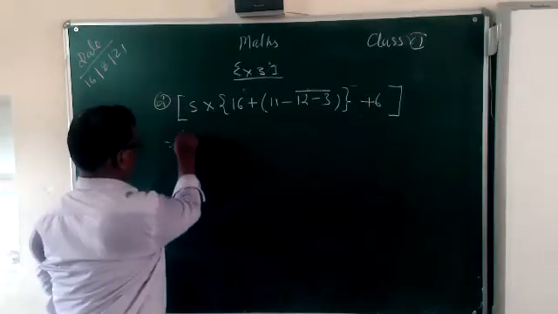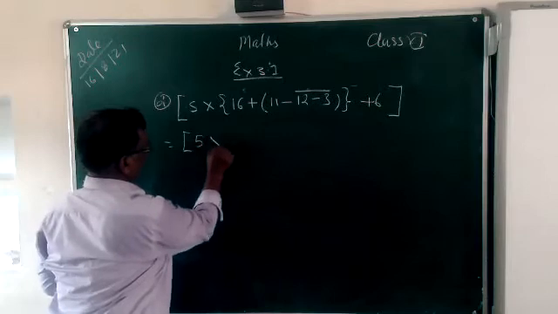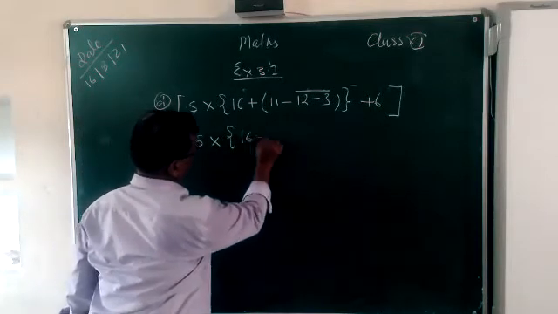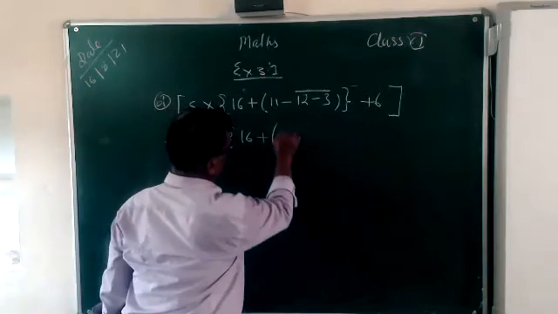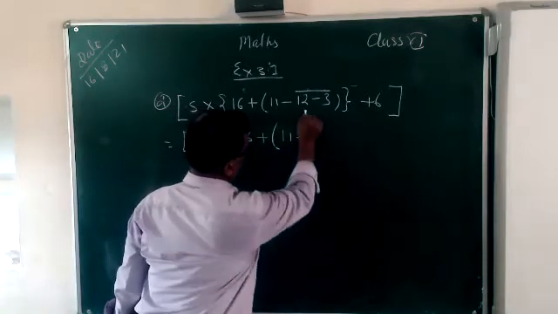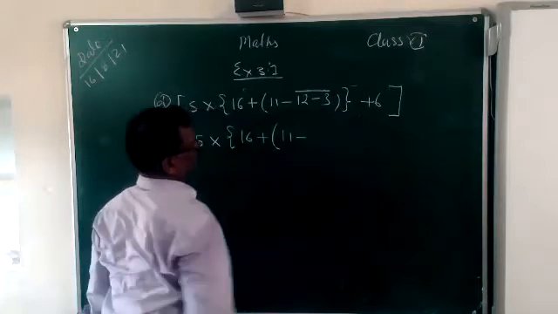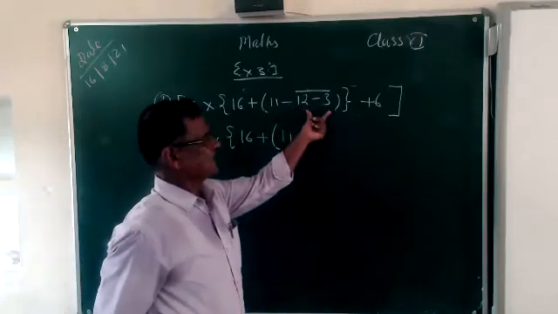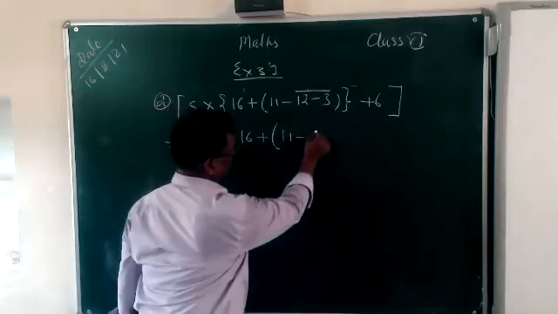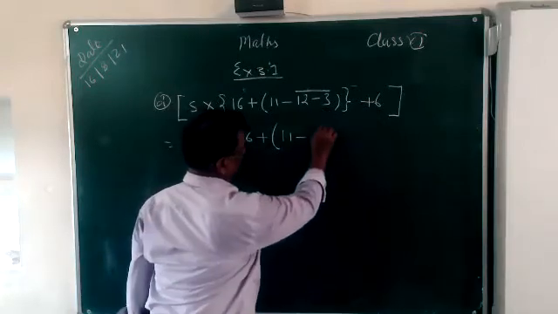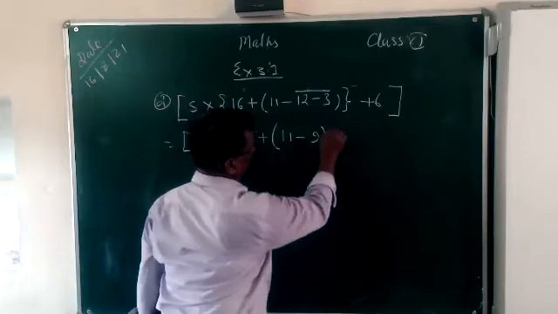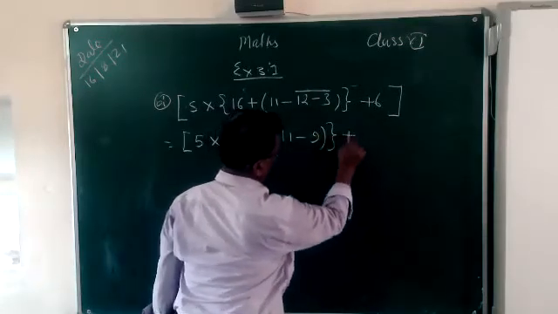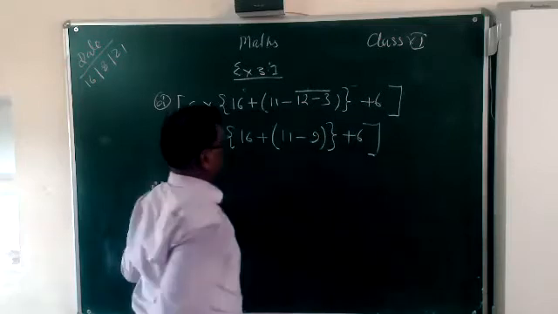Then that is in square bracket 5 into, in curly bracket 16 plus, in common bracket 11 minus, in bar bracket given 12 minus 3, 12 minus 3 is 9, then square bracket, common bracket goes and bar bracket removed, curly bracket plus 6 is square bracket.